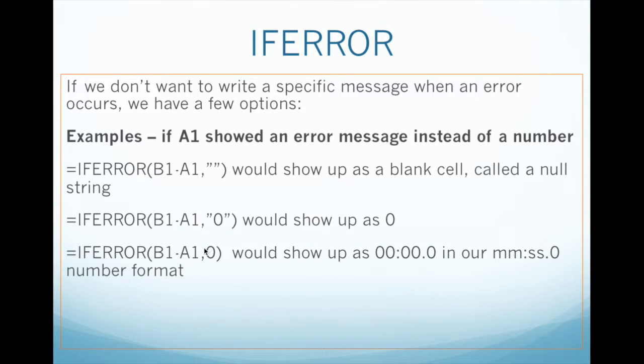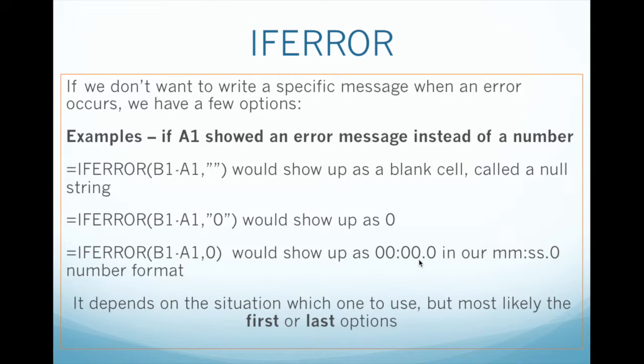Or if we didn't put quotation marks, it recognizes it as a timed cell. It would show up in the same format as our other times, with minutes, seconds, and tenths of a second, as 0:00.0. Depending on our situation, you're going to choose which one to use, but most likely the first and last options are the best.